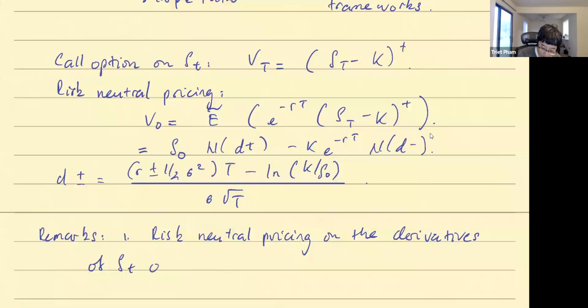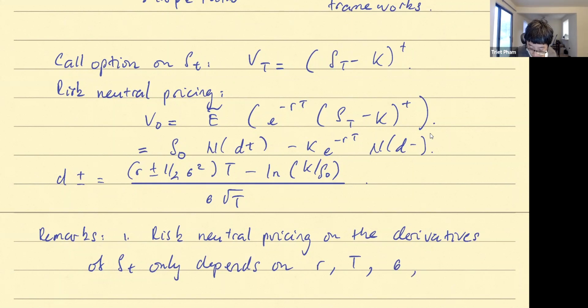Only depends on R, right? T, the time to expiration, and let's say sigma. It also depends on K, which is the strike price, but we think of K as part of the payoff function.